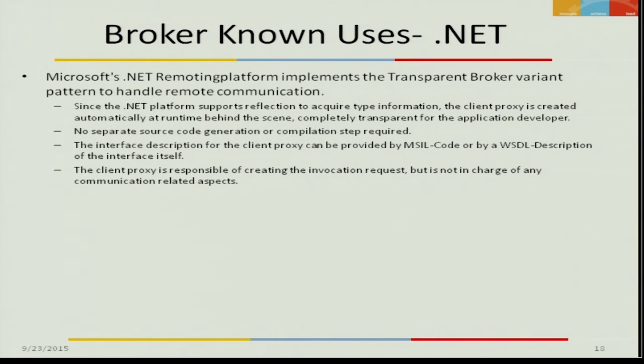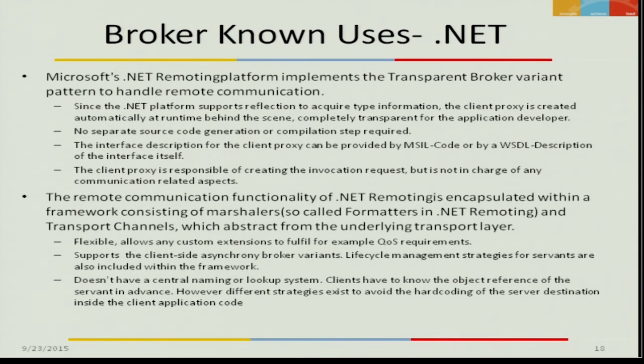Now, the client proxy is responsible, as usual, for creating the invocation request, but it is not in charge of any communication-related aspects. The remote communication functionality of .NET remoting is actually encapsulated within the framework. It consists of marshallers, so-called formatters. It's actually called formatters in the .NET language, and there are transport channels which abstract out the underlying transport layer.